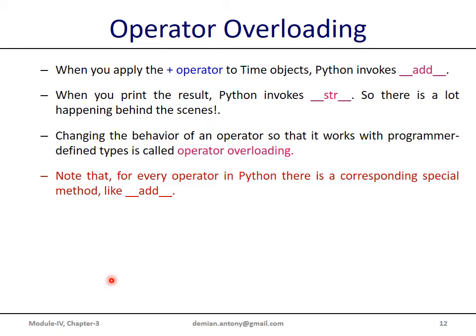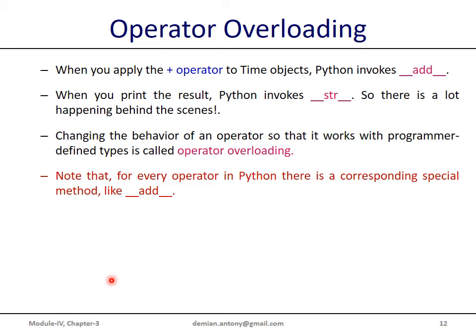So there are a lot of things happening behind the scenes, and changing the behavior of an operator so that it works with programmer defined types is called formally operator overloading. It means that the programmer can add more meaning to the existing operators by defining the special functions, so that the operator can be applied on programmer defined types like classes.